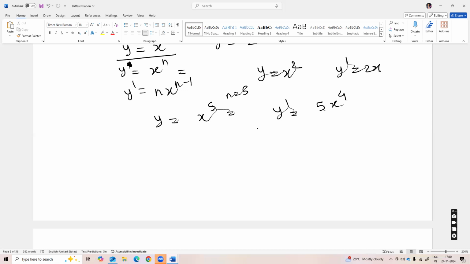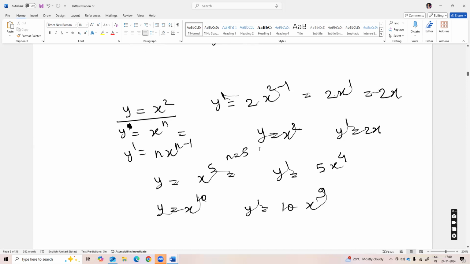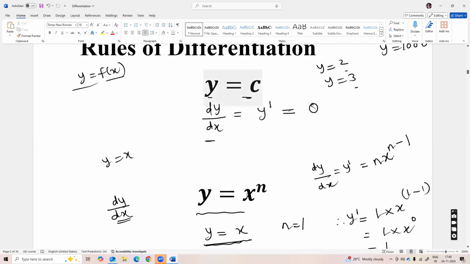If we have y equal to x to the power 10, then n is 10, so y dash is 10 x to the power 10 minus 1, that is 9. So this is how you find the derivative of a function of the form y equal to x to the power n. And earlier we have seen when y is constant, its derivative y dash is 0.